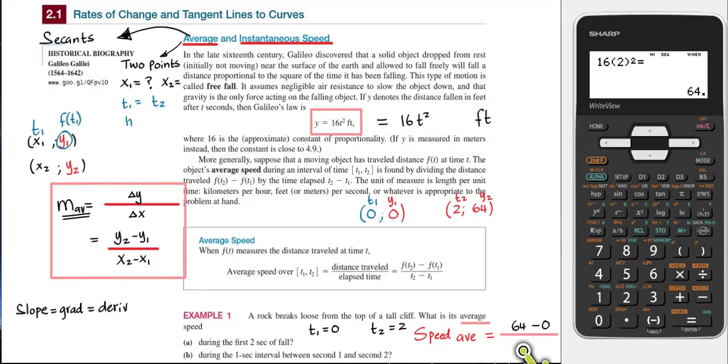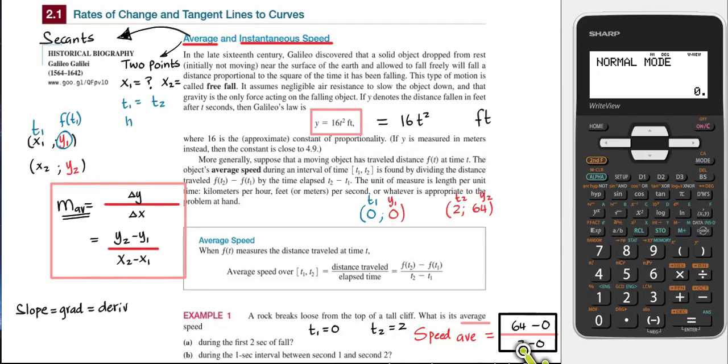At the bottom, we're going to work with the X, which are really T1 and T2. We start with T2, which is 2, and then minus the 0. Whatever is in the black box, we just put it in a calculator and we are done. Let me shift it up a little bit because this thing is hiding.